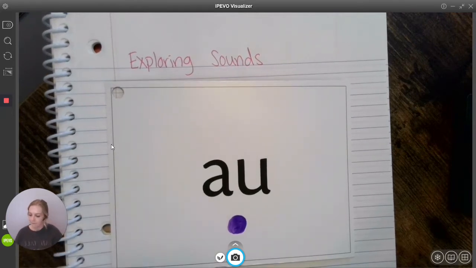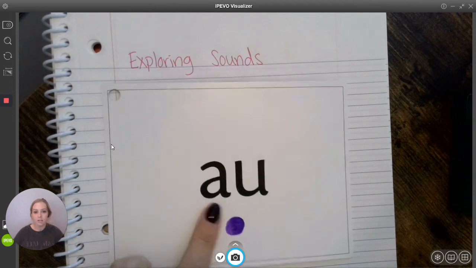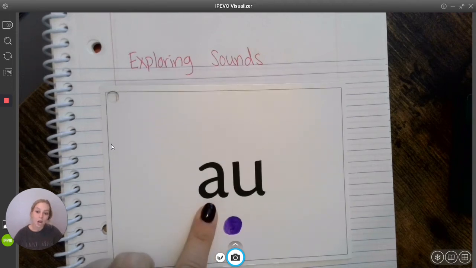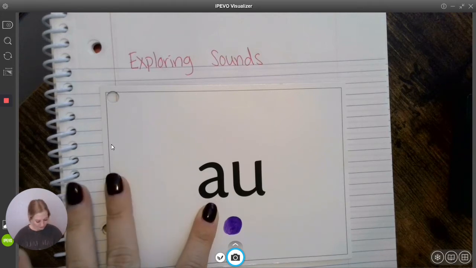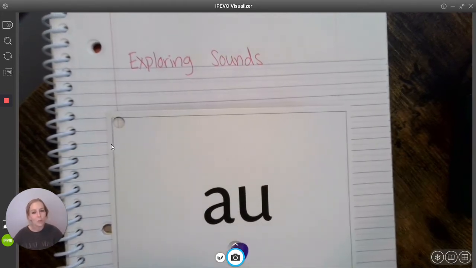Like other broad vowels, it is forward and it is round. Is ah a vowel or a consonant? It's a vowel, that's right. Why is it a vowel? Because we can sing it. It's not blocked by our teeth, right?